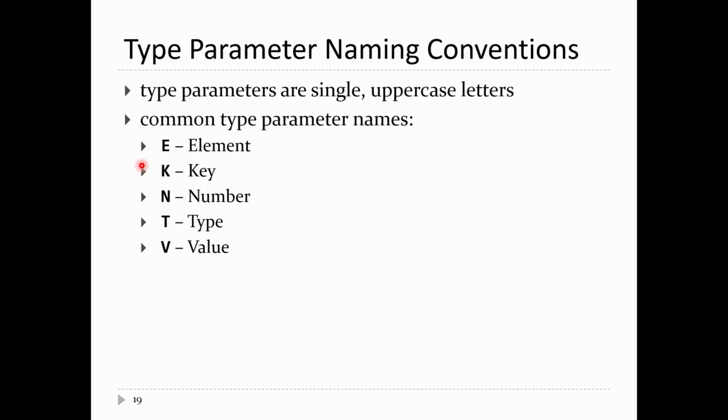So in the standard library, the map implementations use K and V for the key and value types. Occasionally, you'll implement a type that requires a type parameter that is only a number. So you might use N there for number, so integer, double, long, float, something like that.